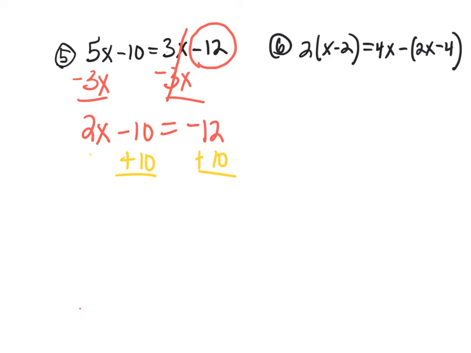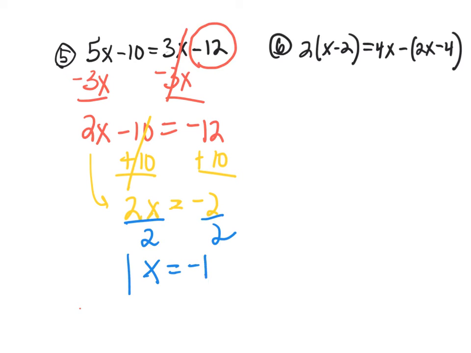I'm going to drop down the 2x, the negative 10 and the positive 10 canceling out. Negative 12 plus 10 is negative 2. And then I'm going to do my last step here working with inverse operations. I have 2 times x, so I'm going to divide by 2. And I'm going to get that x is equal to negative 1.